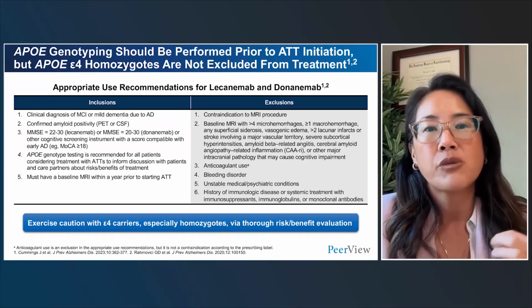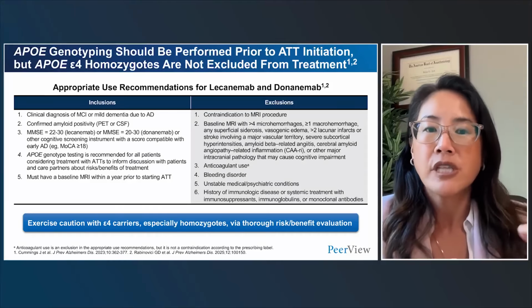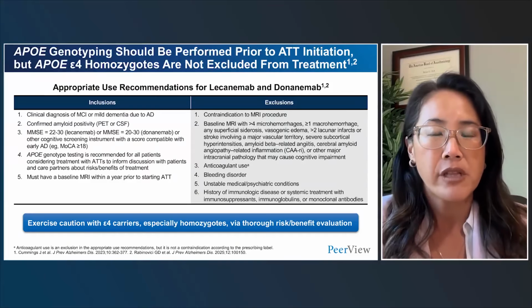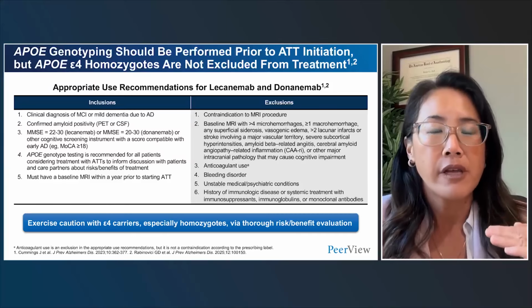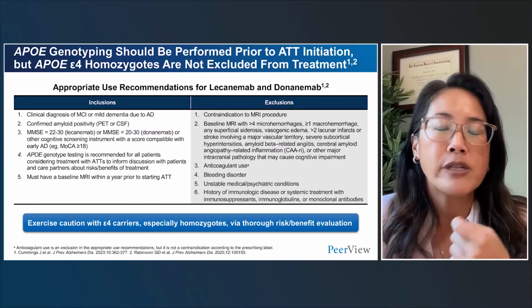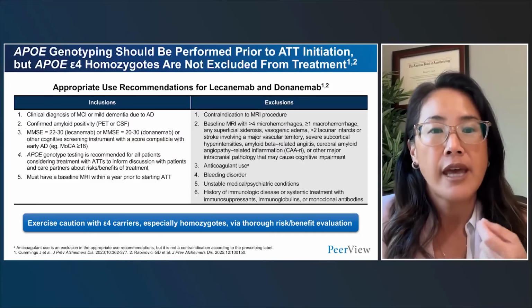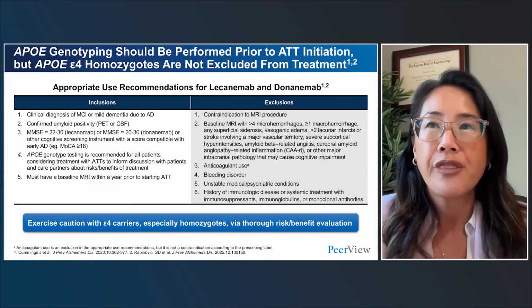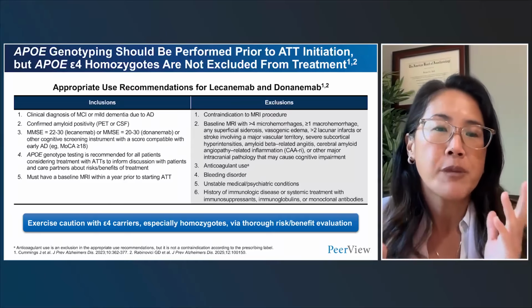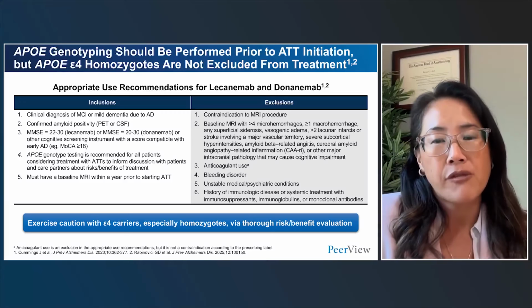So it's really about understanding that risk and having that discussion with patients and families, and thinking about that dose gene effect on the ARIA risk. We want to make sure we're exercising caution with those that have 2 copies, through the risk benefit discussion that is appropriate.